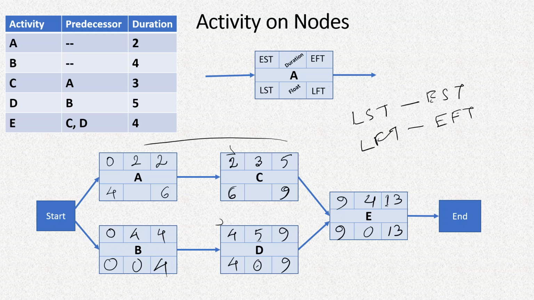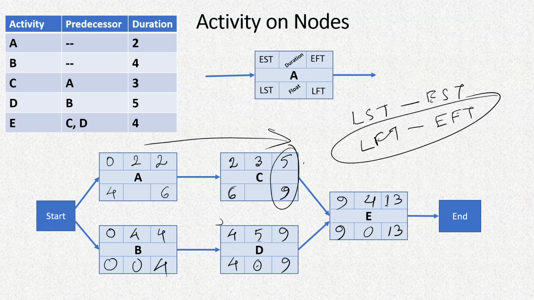On this other part, 9 minus 5 gives us 4, the same is given by this also. So this is latest finish time minus earliest finish time, it gives us 4 days, and if we use the formula latest start time minus earliest start time, that should also give us 4 days.